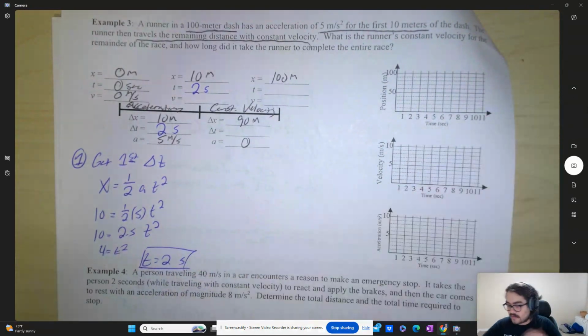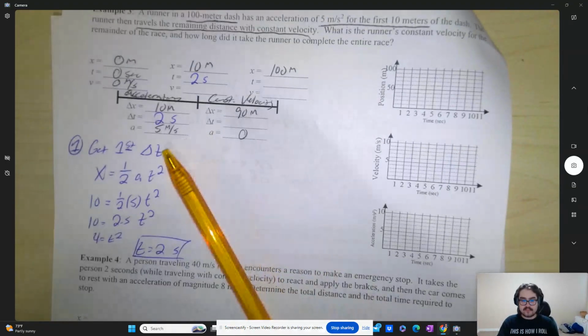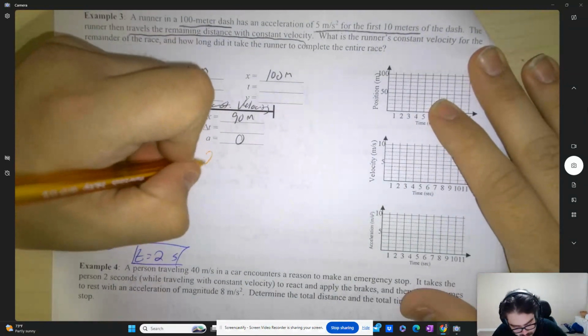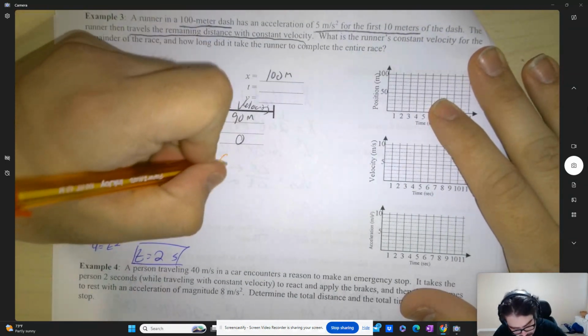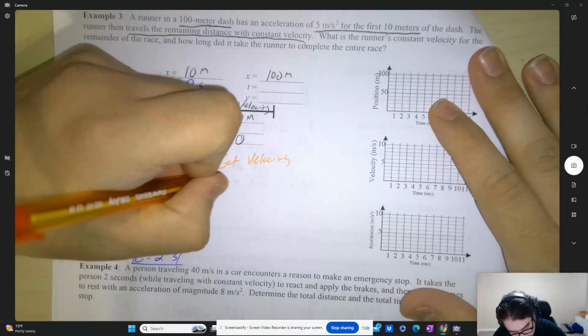Okay, to get the velocity, this is my second step. I'm going to get the velocity after accelerating.